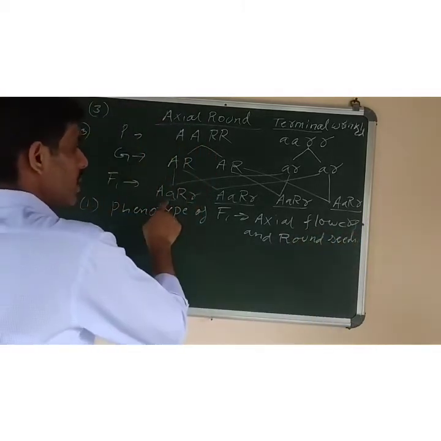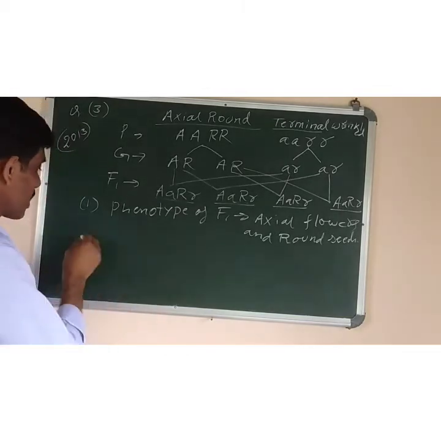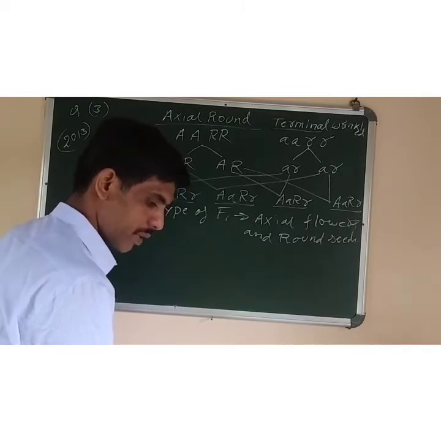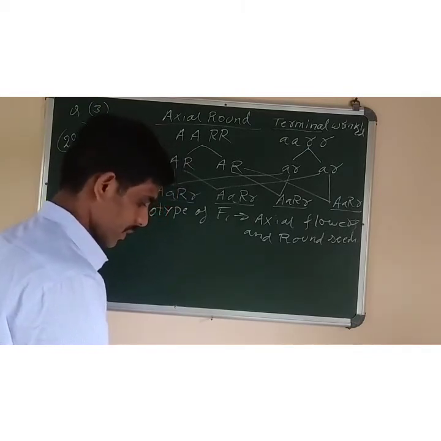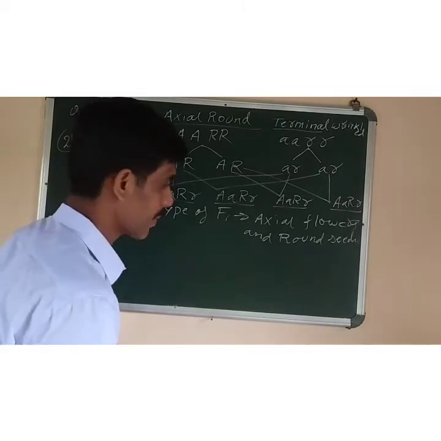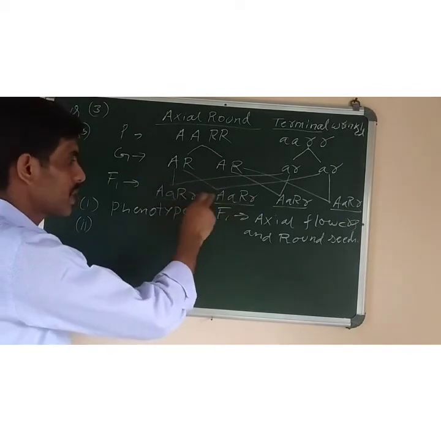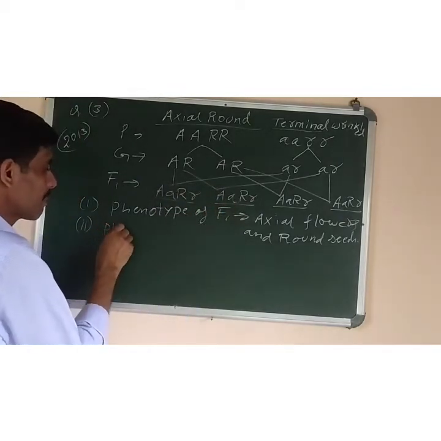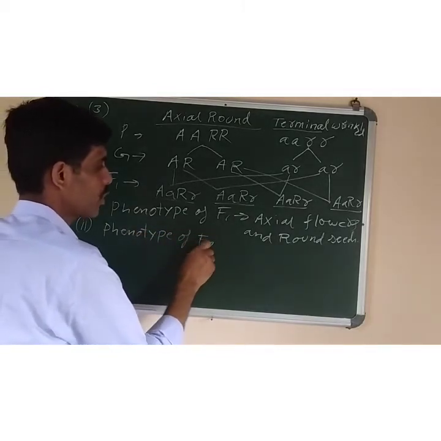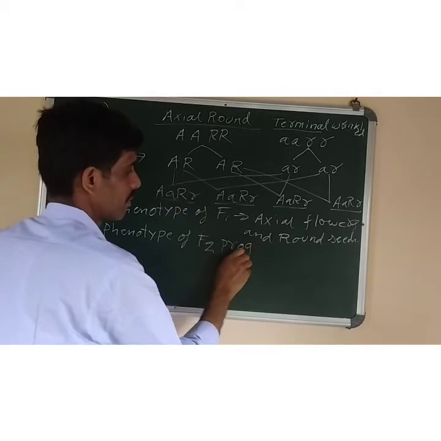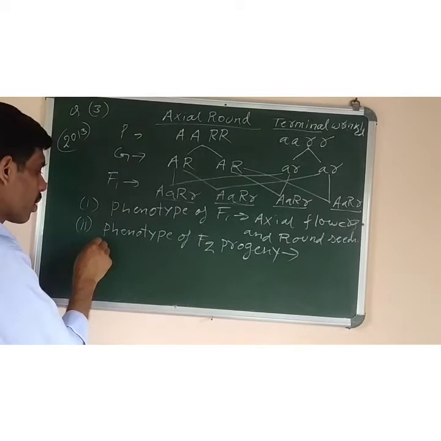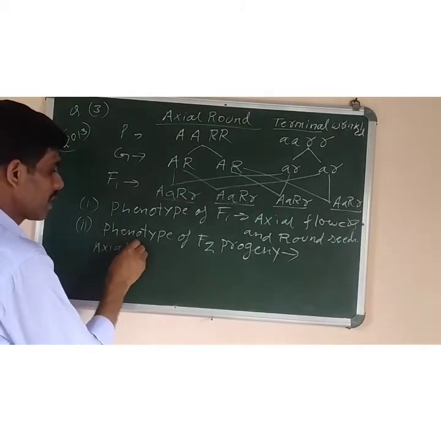Okay, this one is the genotype. Now let's see what the second question asks. The second question is, give the phenotype of the F2 progeny produced by self-pollination of F1. Like if these two plants cross with each other, then what will be the phenotype? So the phenotype of the F2 progeny: the answer will be axial round 9.